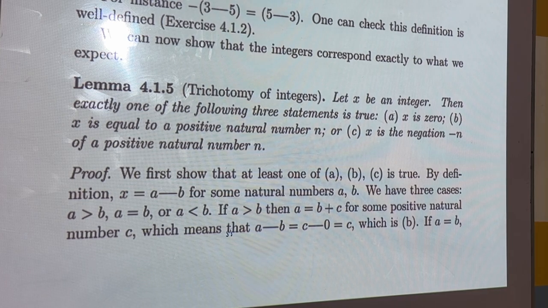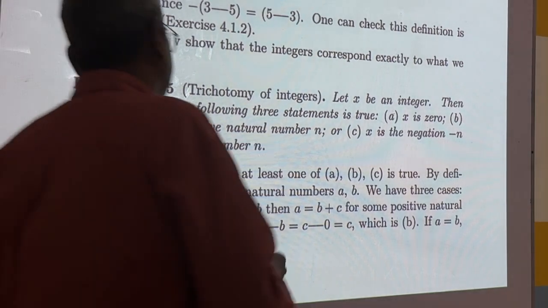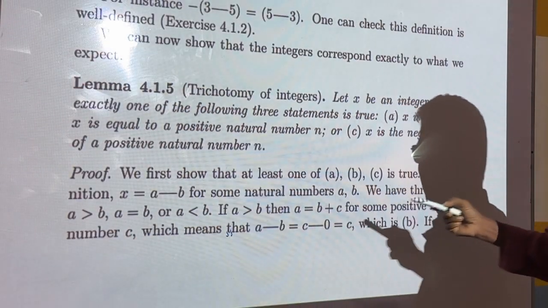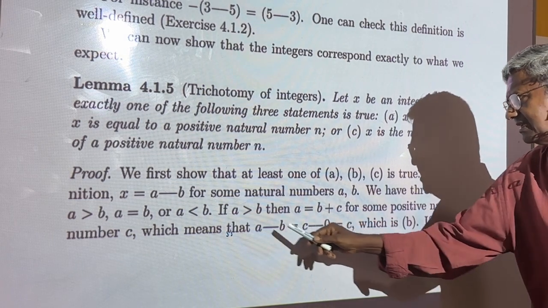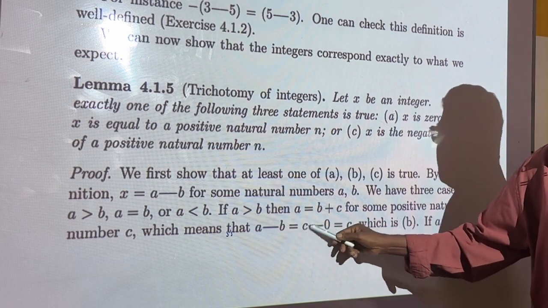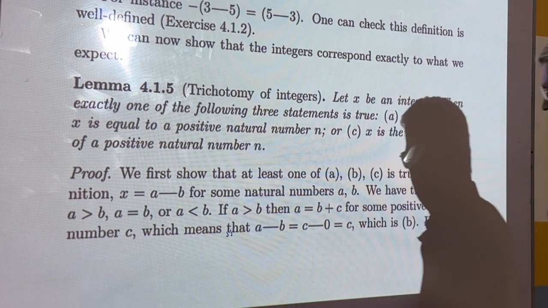If a is greater than b, then a is equal to b plus c for some positive natural number c. That is actually the definition of a greater than b, if you recall, which means that a minus b is equal to c minus 0. By definition, a equals b plus c, and they are the same. This means a plus 0 is equal to b plus c. That's exactly what it is.